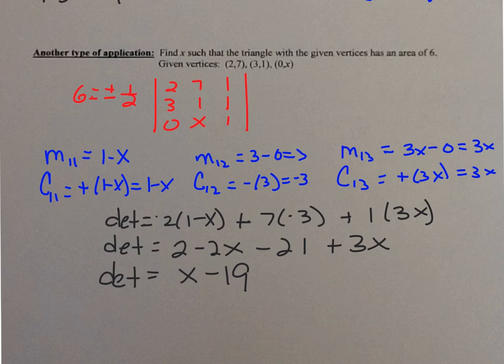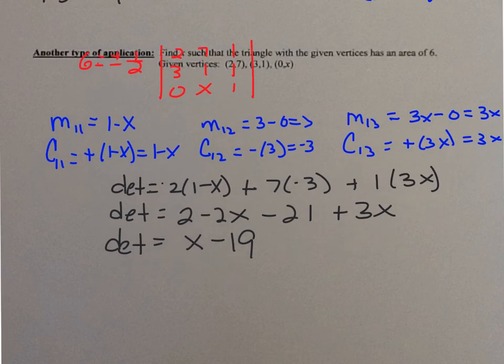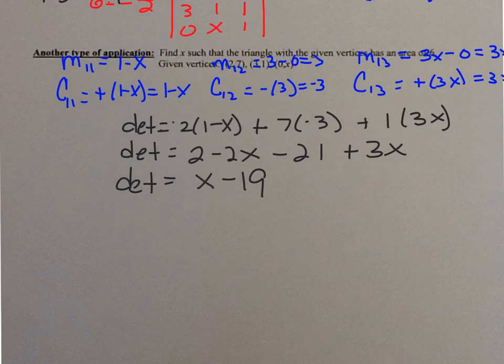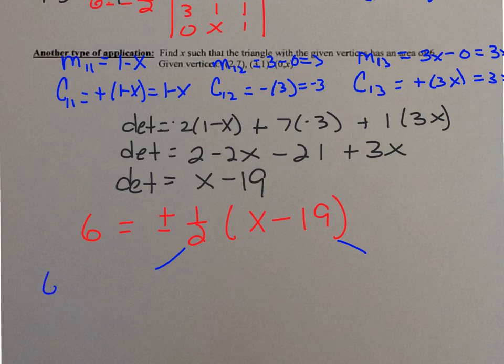That's my determinant. So now remember, my area, which is 6, equals plus or minus 1/2 my determinant, which is x minus 19. So now I'm going to split this up. So 6 is equal to the positive 1/2 times (x minus 19), or 6 is equal to negative 1/2 times (x minus 19).